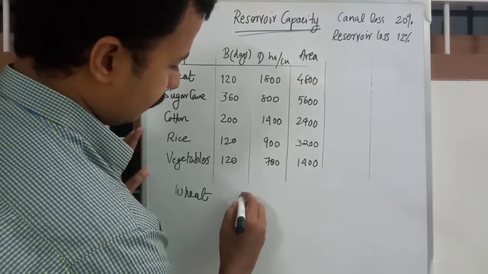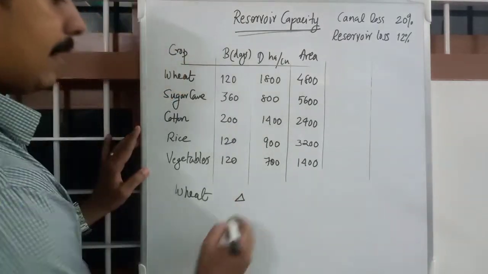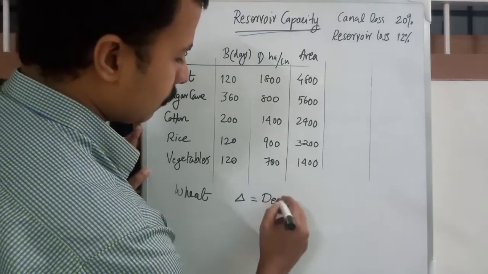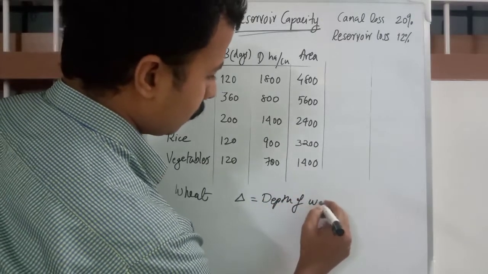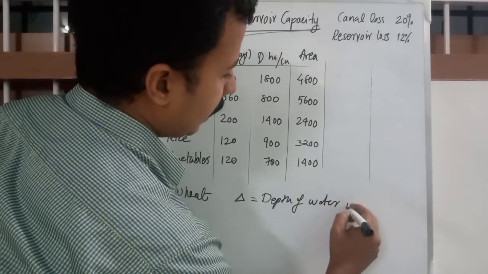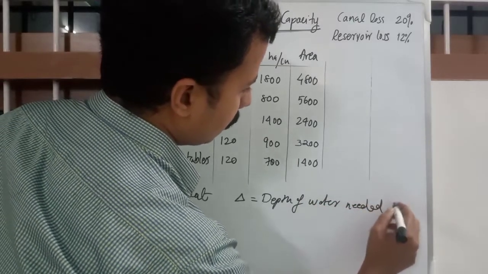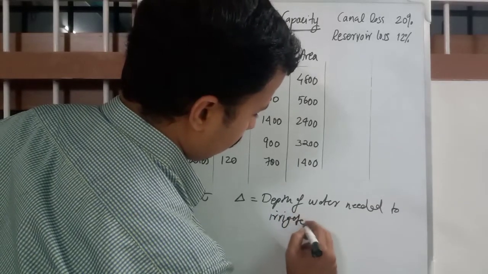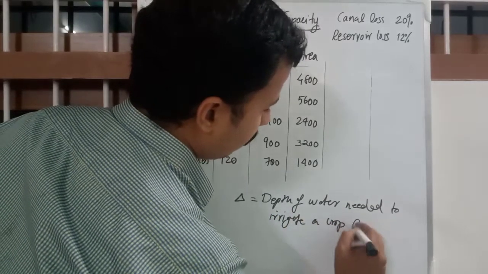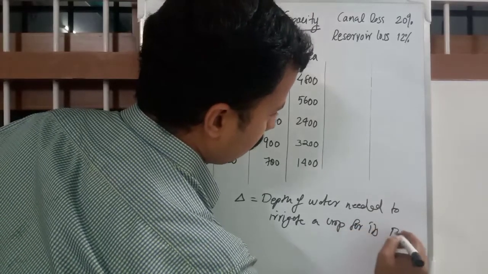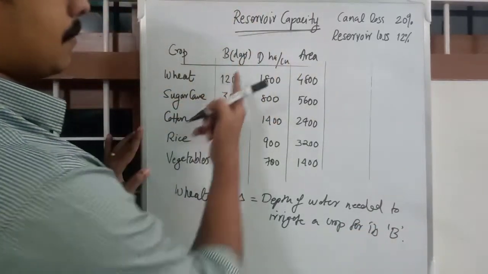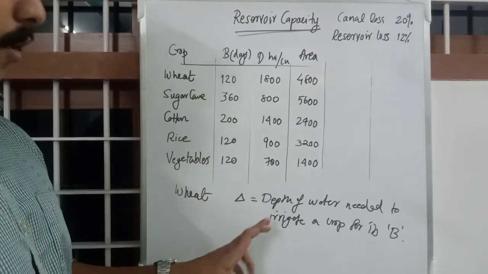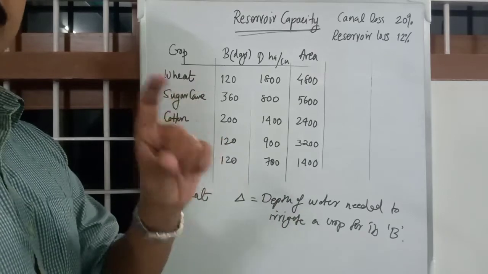What was delta? Delta was the depth of water needed to irrigate a crop for its base period.